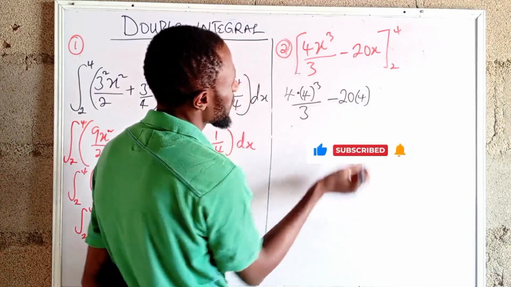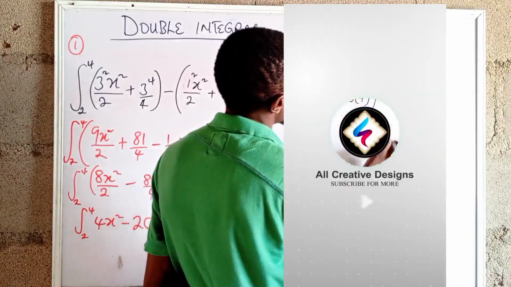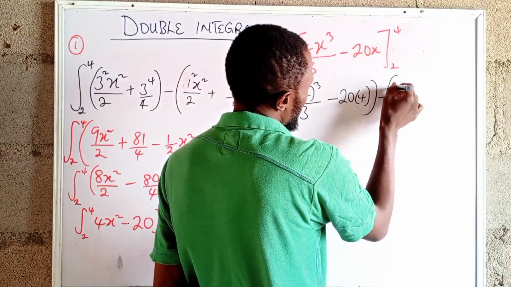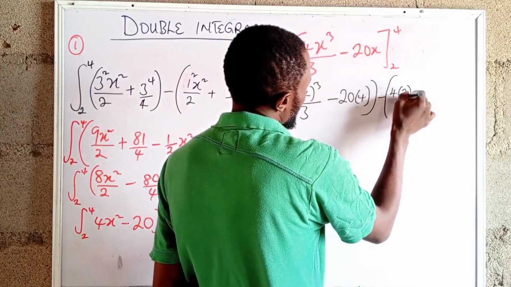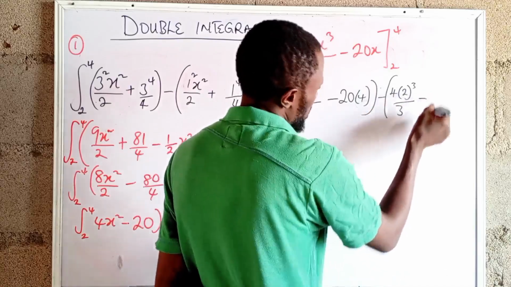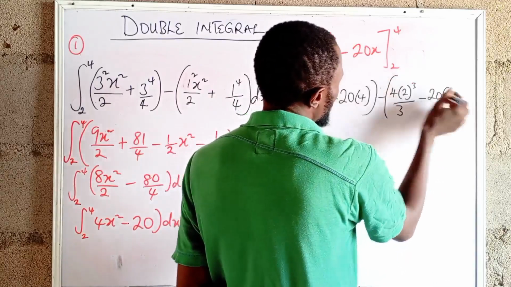It's all the same. Then we put this in bracket. We subtract the other limit. We have 4 times 2 raised to 3 all over 3 minus 20 multiplied by 2.